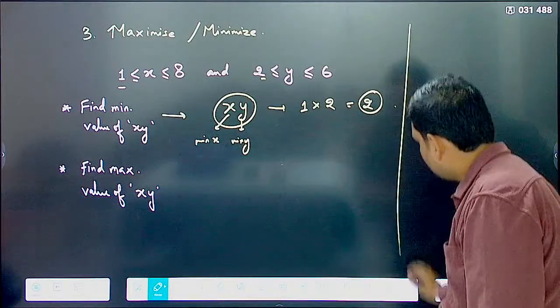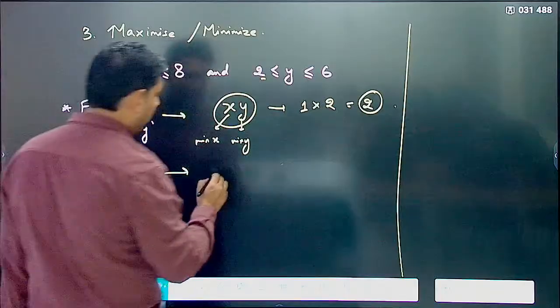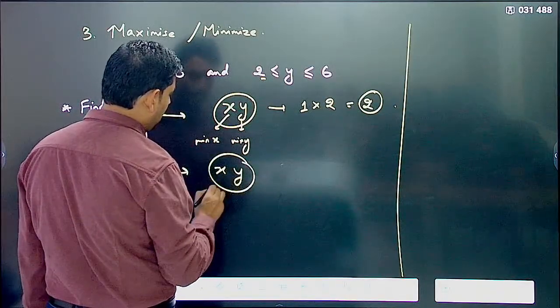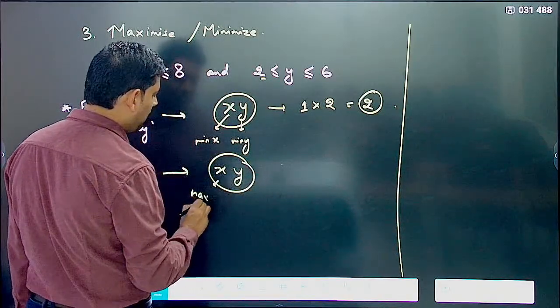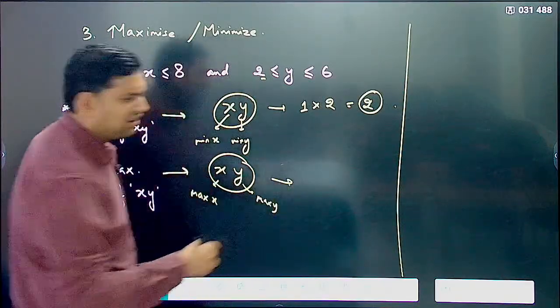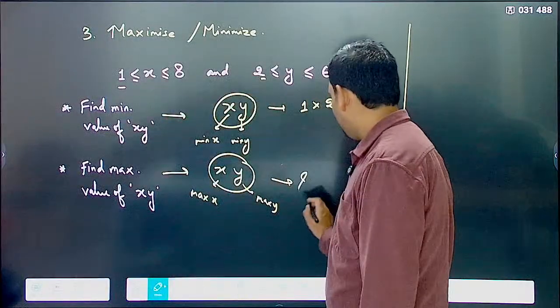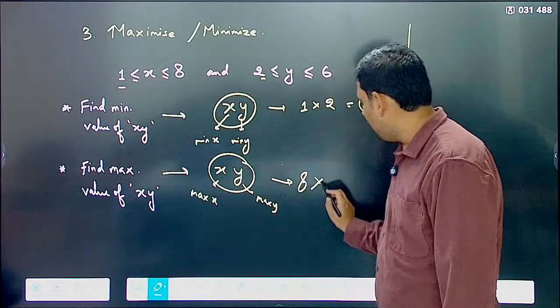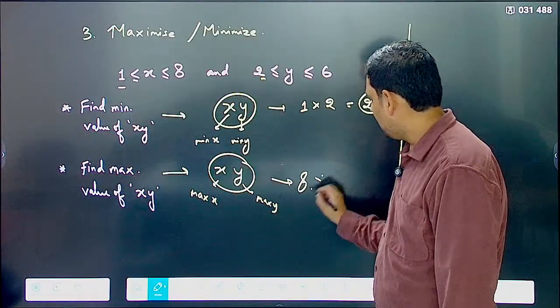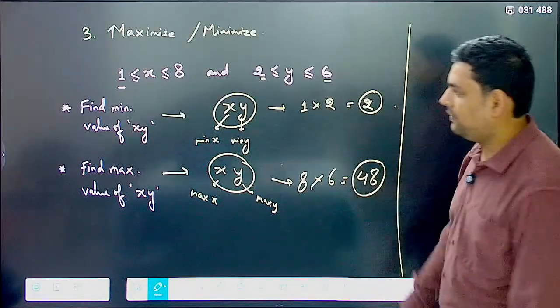Correct? Now, similarly, if I want to maximize xy, then what will I do? I will maximize x and I will maximize y. What is the maximum value of x? It is 8. And what is the maximum value of y? That is 6. So 8 into 6, 48 is the maximum value.